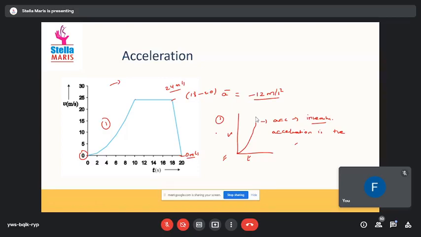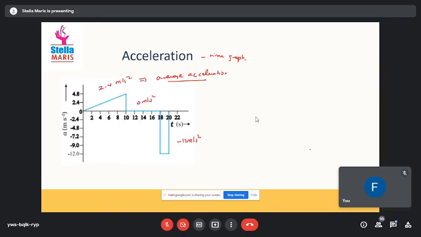Just now we have seen. No, sir, it's a non-uniform acceleration. Very good. It is a non-uniform acceleration. So from 0 to 10 seconds, the acceleration is positive, and it is non-uniform.